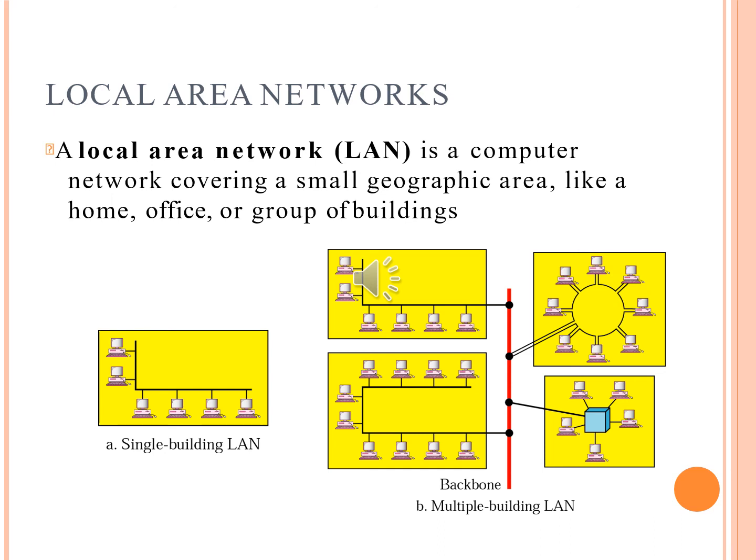That is possible with the help of the local area network. In computer networking, it covers a small geographical area like homes, offices, groups, or buildings, which I have already explored for you in the figures. So better you go through the figures so that you can easily understand what LAN exactly is.